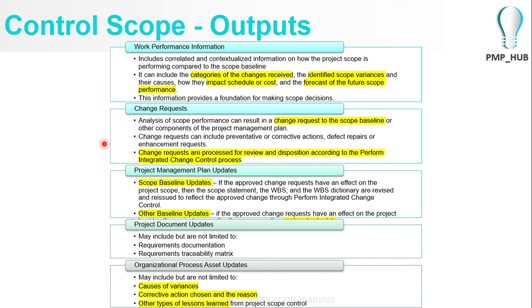As a result of the controlling role that you are engaged in, you'll be updating your scope baseline, if there are any updates, with the customer's consent. Sometimes you might have to update your cost baselines and schedule baselines, your timing baselines.